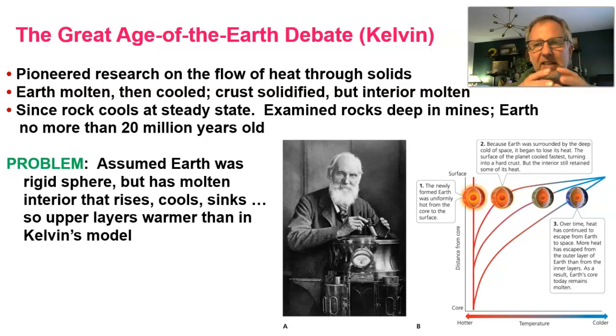So basically, the inside of the Earth is turning over, kind of like taffy, kind of gooey, and the upper layers are warmer than in the Kelvin model. So because of this turnover of the Earth's interior, it gave an incorrect age for how old the Earth is. 20 million years was just too young.